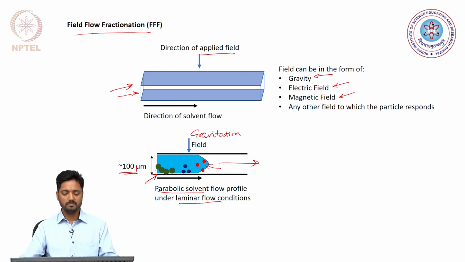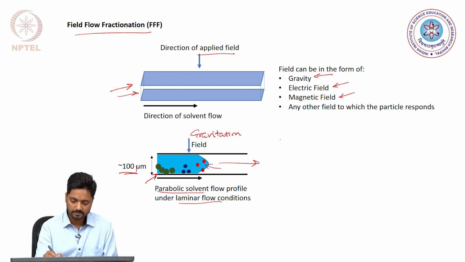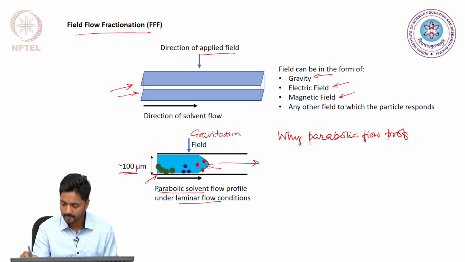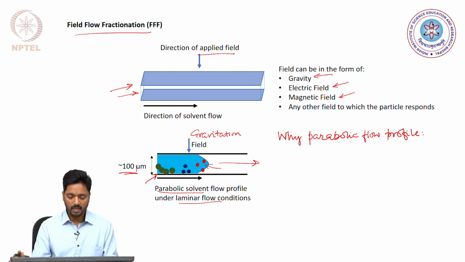So, this becomes a straightforward technique to separate analytes of interest by applying appropriate fields. Now, I will just quickly tell you why the solvent takes a parabolic flow profile under laminar flow conditions.